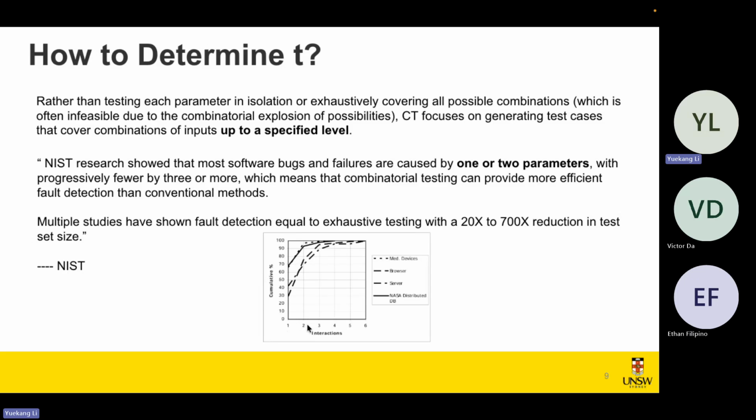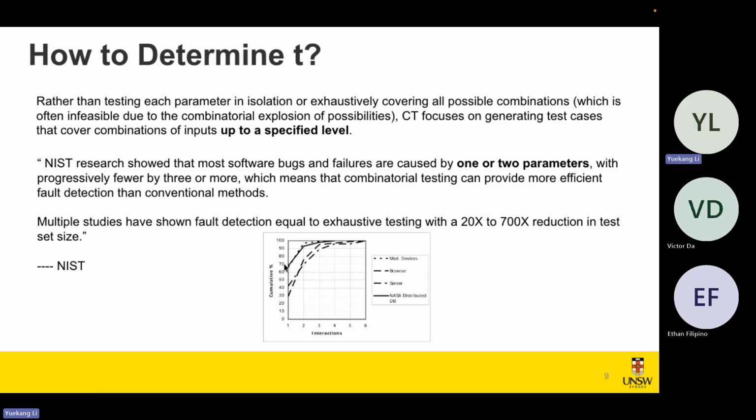We can see that after the value of t is larger than or equal to 2, the bug exposure is not growing that fast, right? It's very flat afterwards.